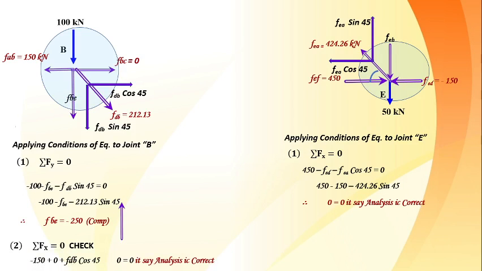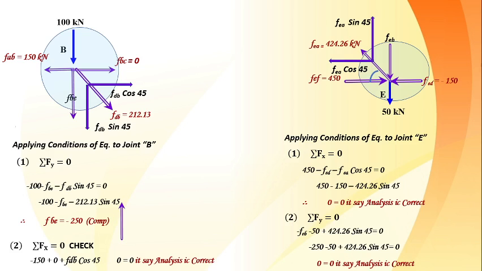After applying the first condition, sigma Fx equal to 0 at joint E, we concluded 0 is equal to 0, which means whatever analysis we did is correct. Now similarly we can apply the second condition for joint E, that is sigma Fy equal to 0, and check whether the analysis is satisfied.